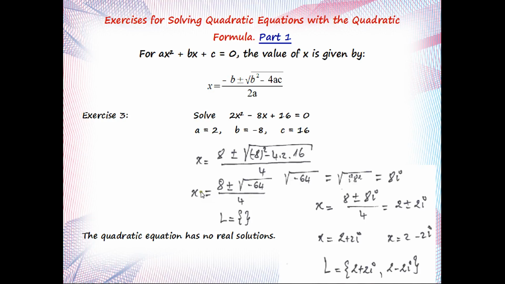So we get x equals 8 plus or minus 8i, all that over 4. So x is equal to 2 plus or minus 2i. The solution set has two elements, 2 + 2i and 2 − 2i.